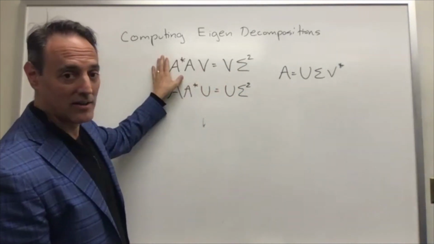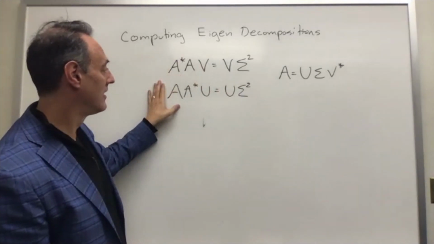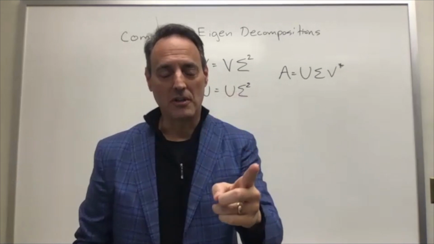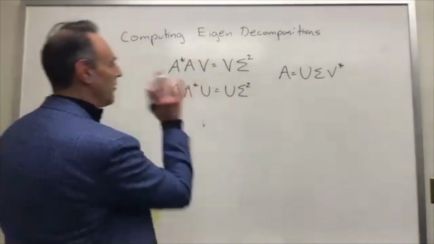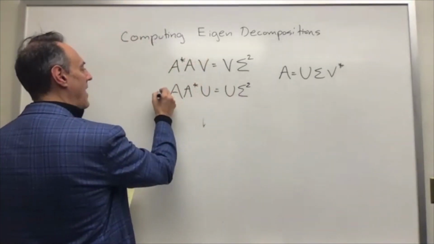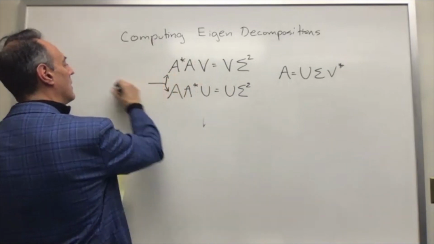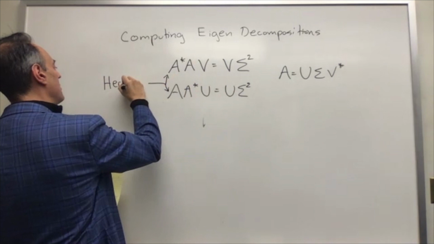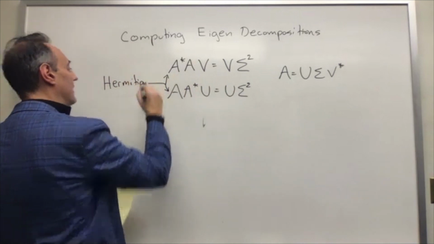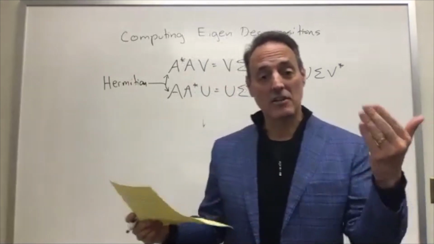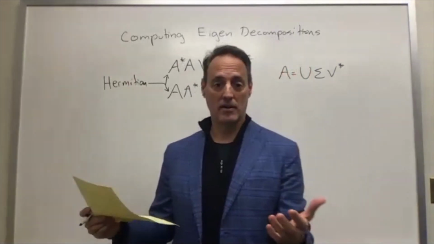AA star and A star A are both Hermitian. So the formulation here is that these two matrices, they are Hermitian, which is exactly, in some sense, the easiest thing to compute eigenvalues for, right?